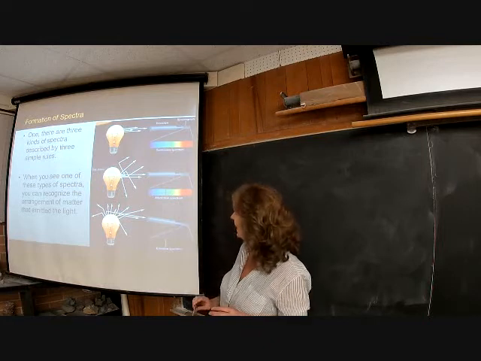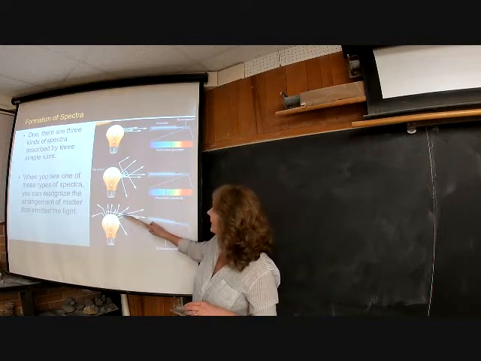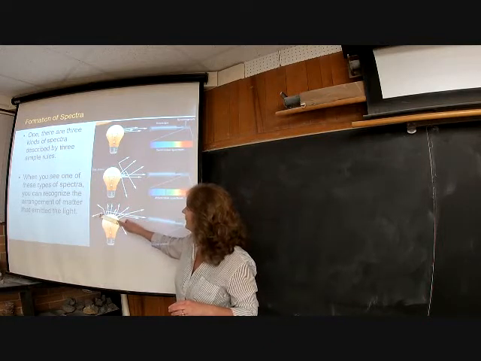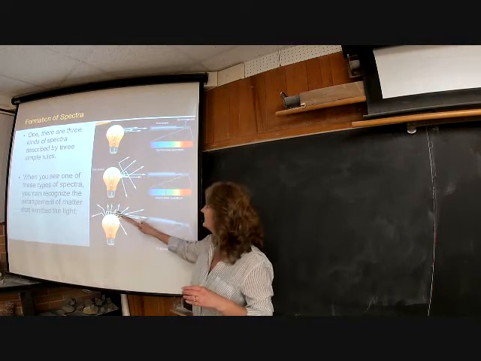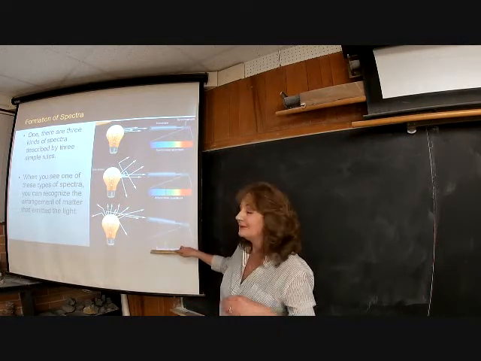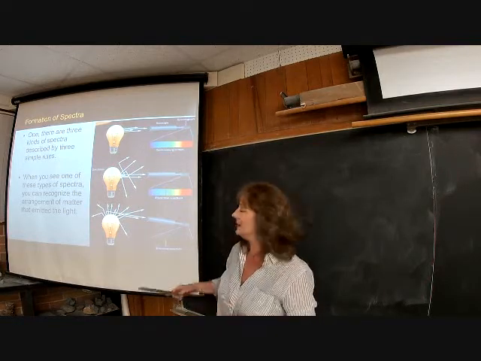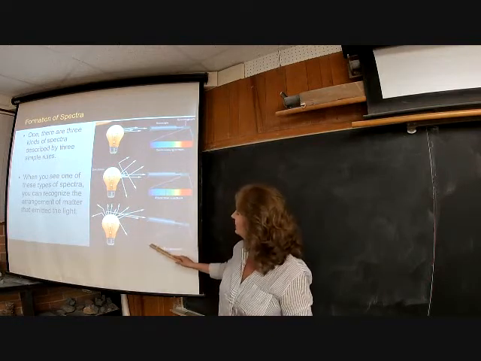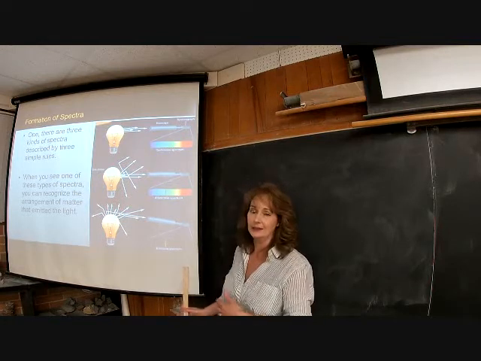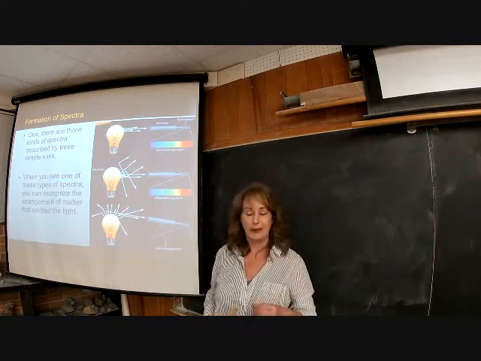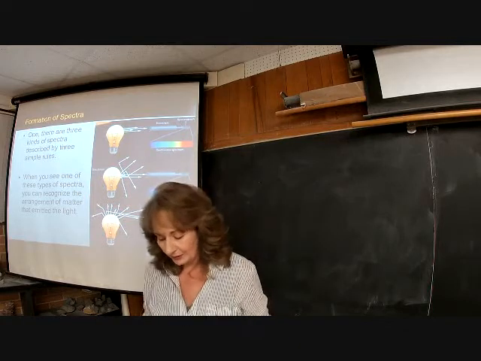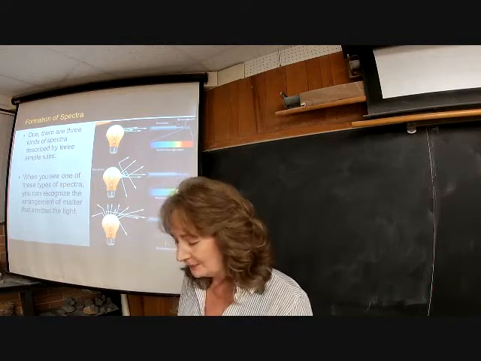Now the other case: those excited gases are going to emit. They're very excited electrons, and they're going to emit some energy of their own, and it ends up as these bright line emission spectra. So those are your 3 types of spectra.